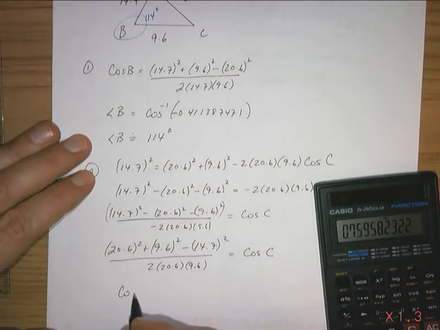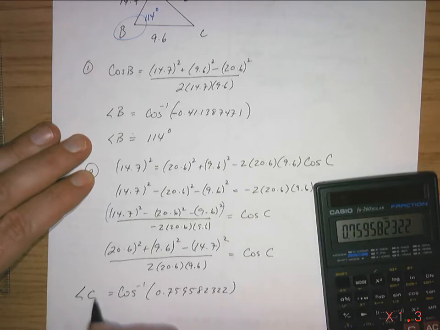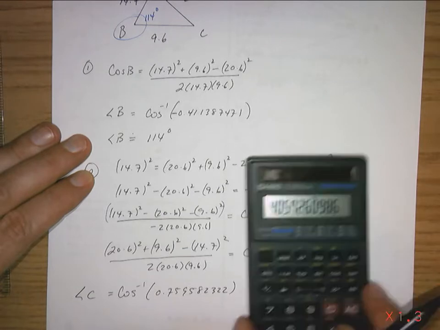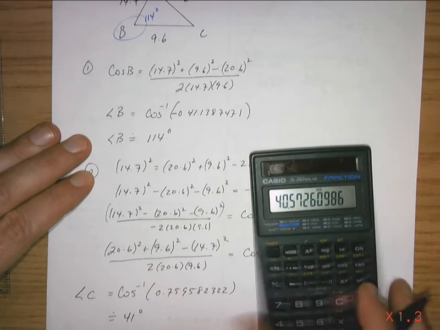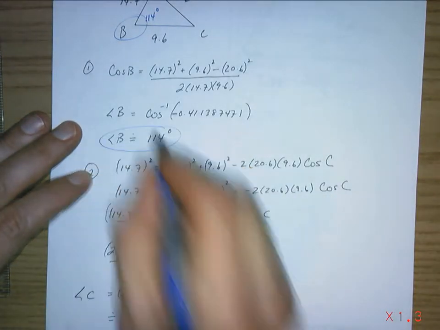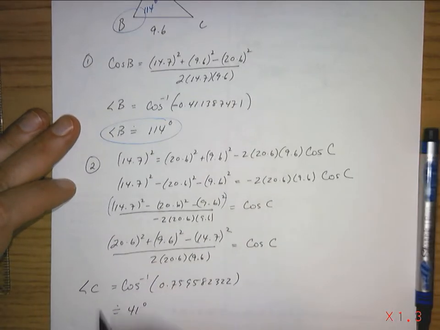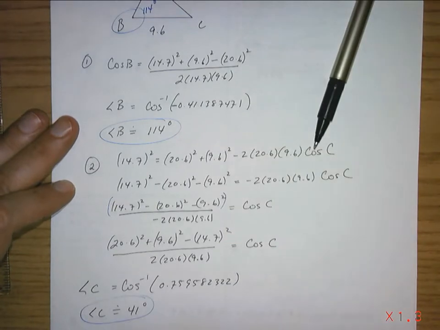So it's cosine inverse of 0.759582322. Now remember, I don't want to see that. I want you to go straight from here right to the final answer of about 41 degrees. Now again, that was really, really hard. I don't want you to do it that way. Trust me, I don't want you to do it that way. But if you run into a problem, you may have to do it that way one day.